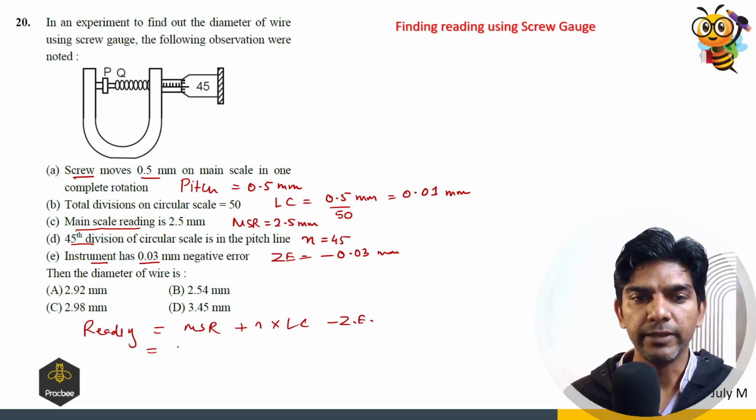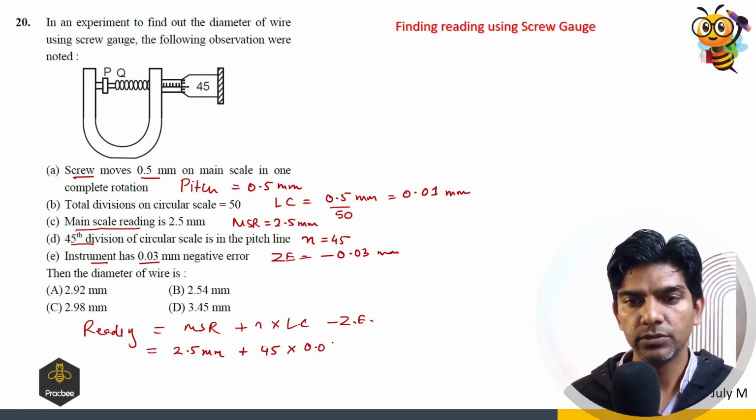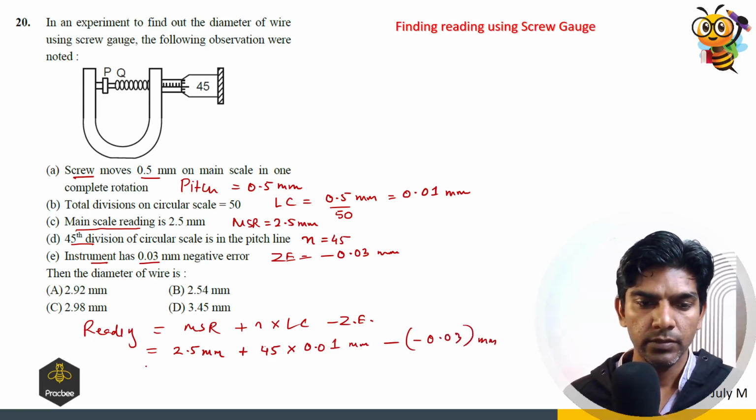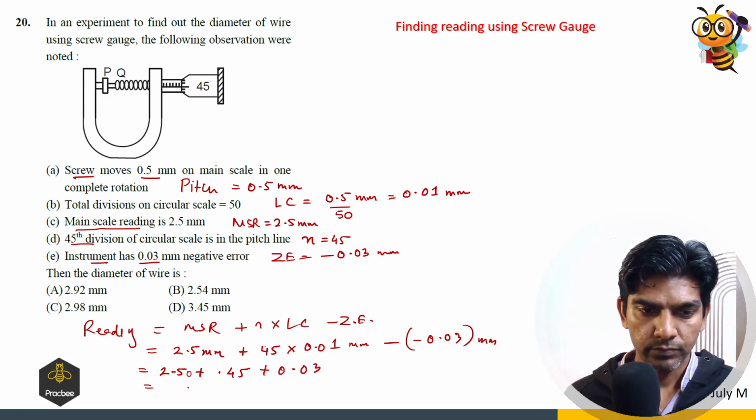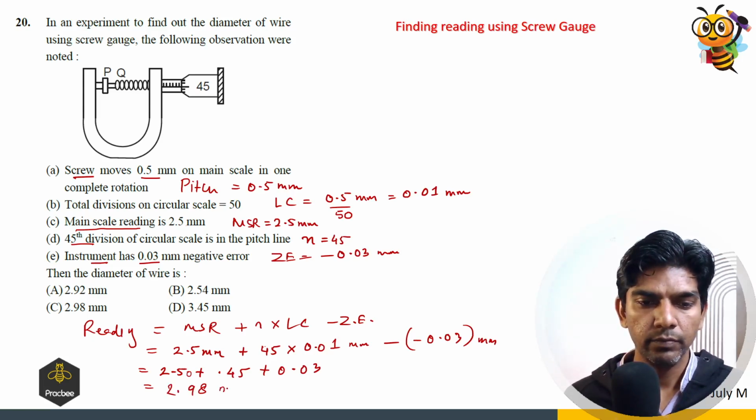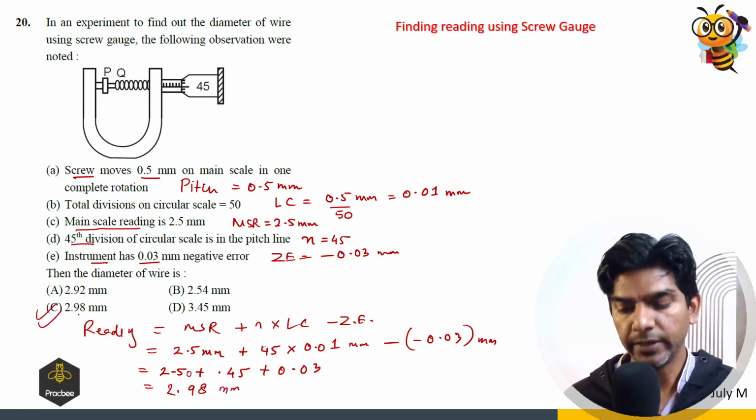So main scale reading is 2.5 millimeter, N is 45, least count is 0.01 millimeter, minus 0 error is minus 0.03 millimeter. So this comes out to be 2.5 plus 0.45 plus 0.03. So it will be 2.98 millimeter. So option C is the right answer.